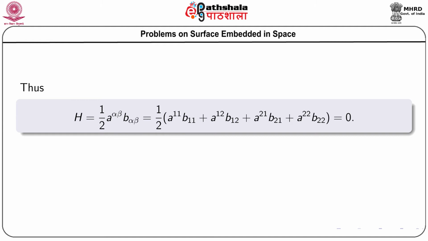Thus, H, which is the mean curvature, by definition is half A upper alpha beta B alpha beta. If we express this as A11 B11 plus A12 B12 plus A21 B21 plus A22 B22, and put the values obtained earlier in this expression, we are getting H equals 0.